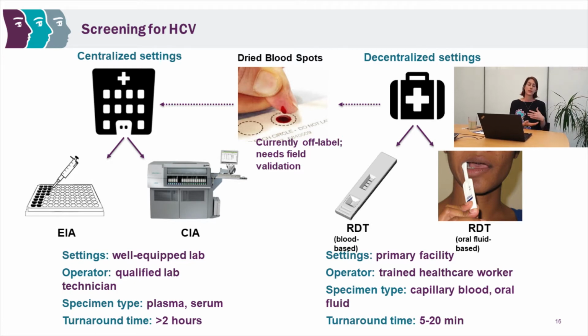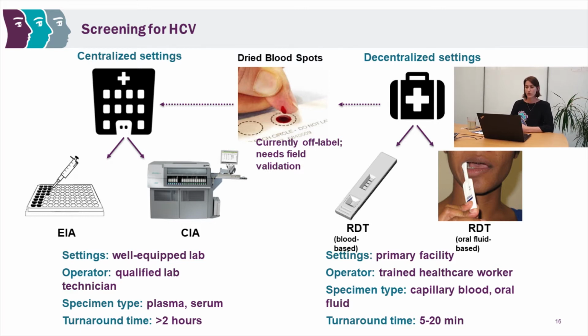Now, usually when you're doing EIA or CIA testing, it requires that you batch samples. This means that you have a large number of samples collected, and once you collect all the samples from different people, you run all of those samples at one time. Now, in decentralized settings, this could be something more like a primary healthcare clinic or even community-based testing.